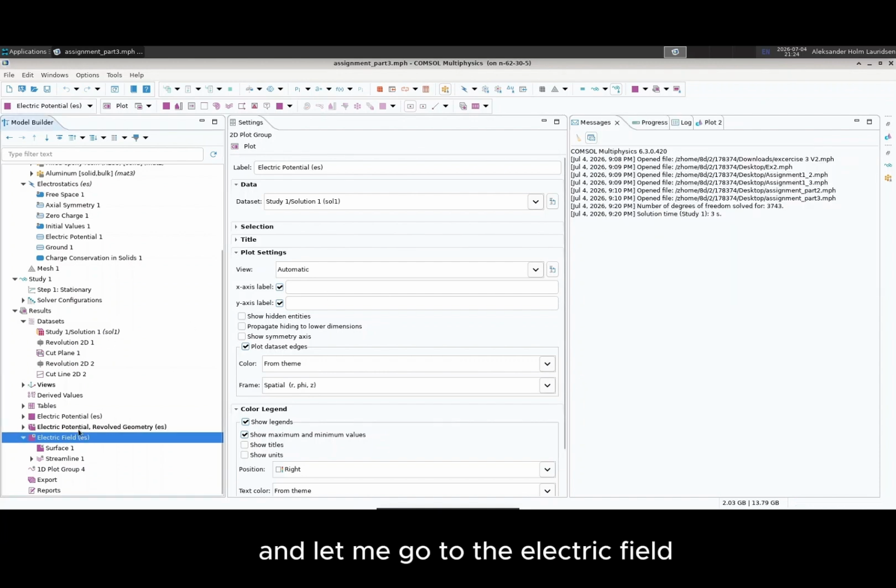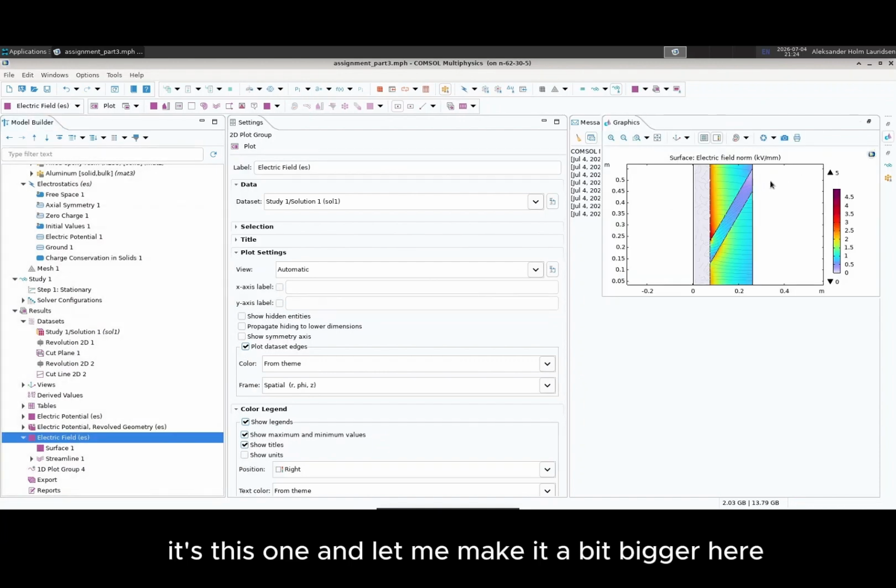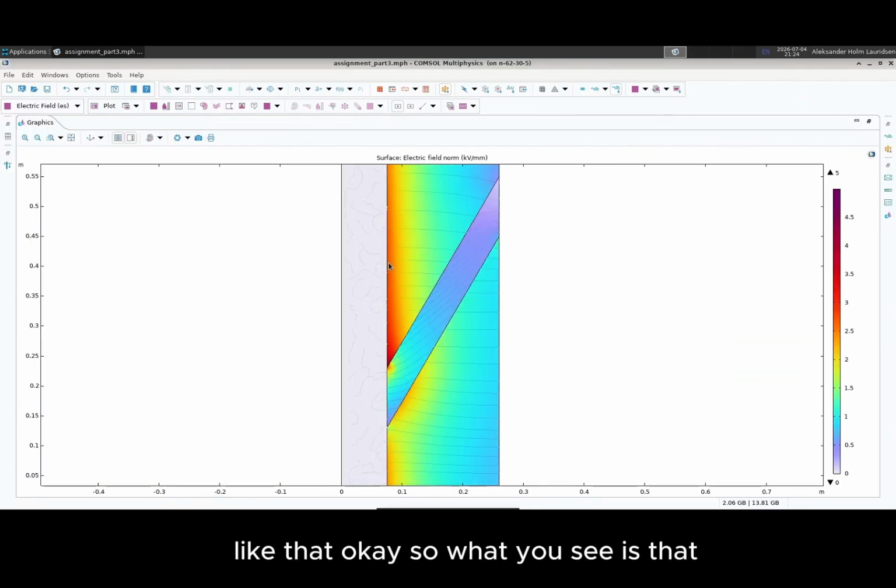And let me go to the electric field. It's this one. And let me make it a bit bigger here. Like that. Okay. So what you see is the electric field from the ground, the pipe on the outside, to the surface of the conductor.